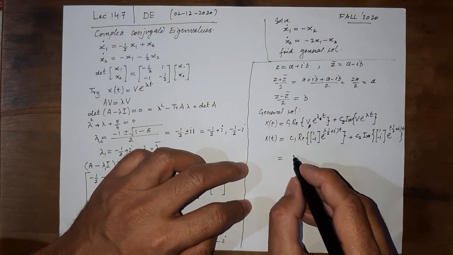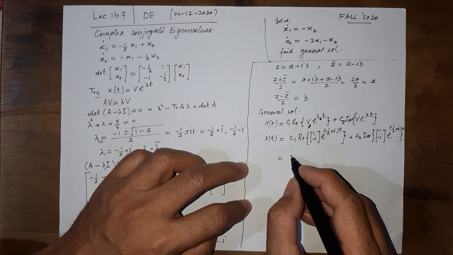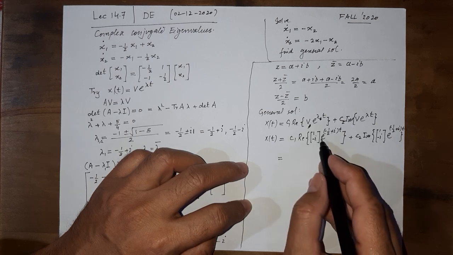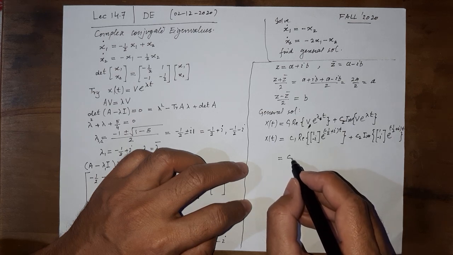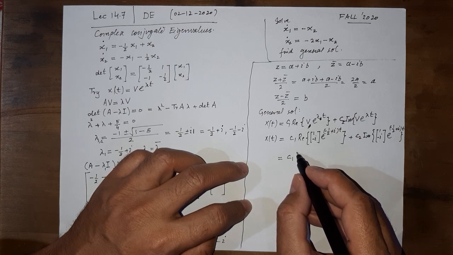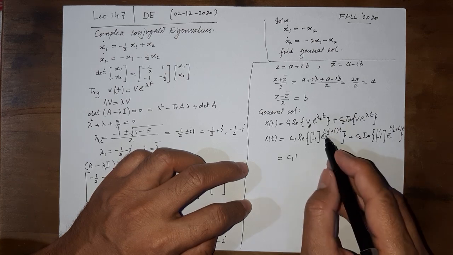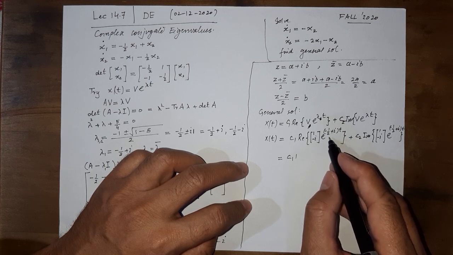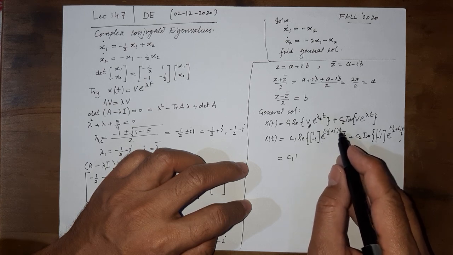So we are going to get c1, and we can write this as e raised to the power minus half t into e raised to the power iota t.